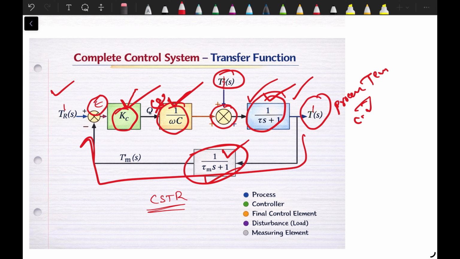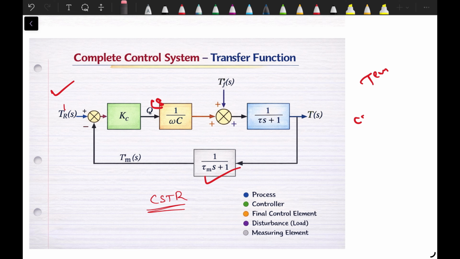Okay. What is the sequence of this feedback loop? Always remember this, very important. The sequence of operation in this control system is, first the process generates the output T of S, and then the measuring element measures the temperature as TM of S, then compares TR of S and TM of S, and the error signal E of S is generated.